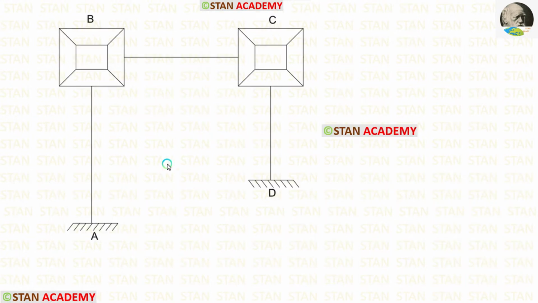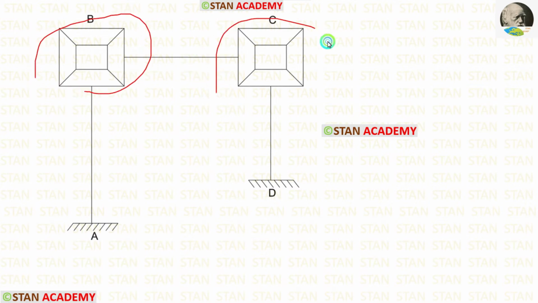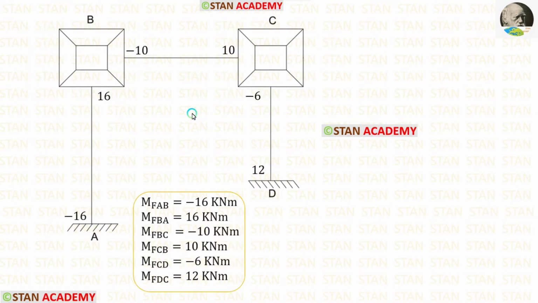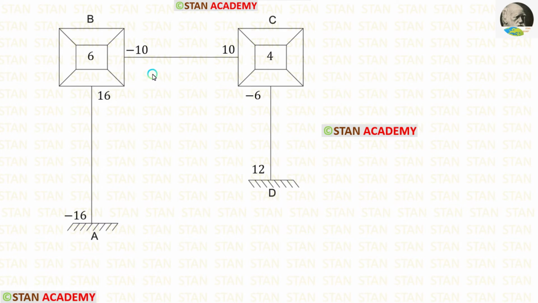In the Kani's method, in the joints, we have to make boxes like these. Now let us enter the fixed end moments. Here MFAB, here MFBA, here MFBC, here MFCB, here MFCD, and here MFDC. In the joints, we have to add the fixed end moments. When we add these two moments, we will get 6.